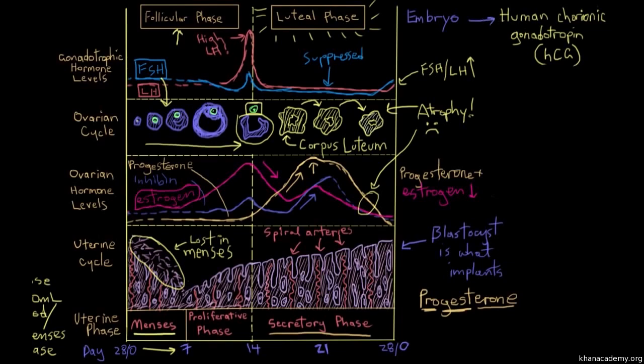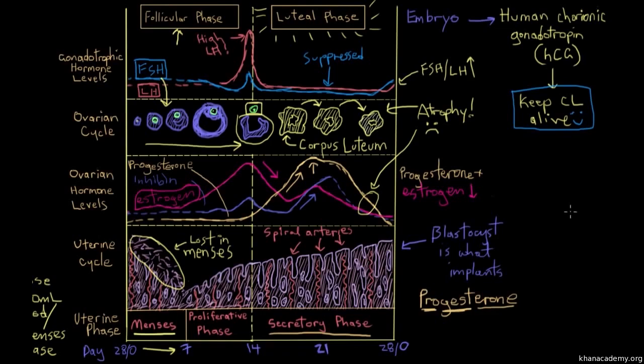So much so that levels of HCG produced by the embryo are enough to keep the corpus luteum alive. Because remember, we said that the corpus luteum relies on LH to stay alive. And so now with the corpus luteum remaining alive, it can continue to produce that estrogen and progesterone that's necessary to maintain the endometrial lining and keep it nice and supportive of the pregnancy.